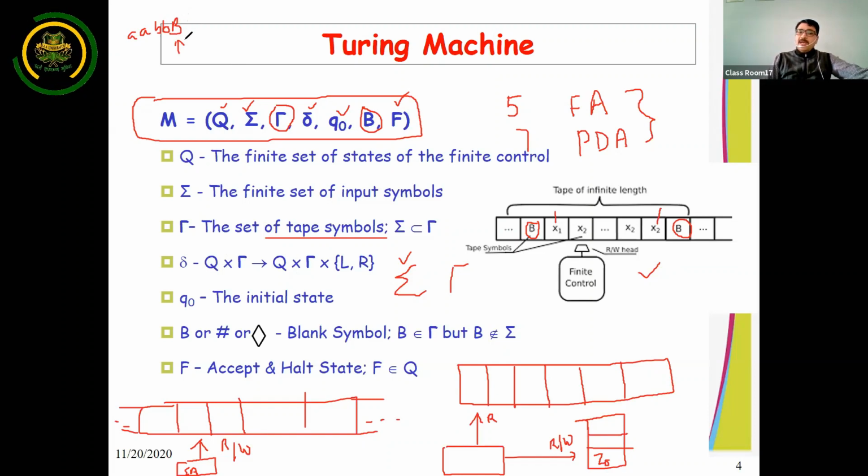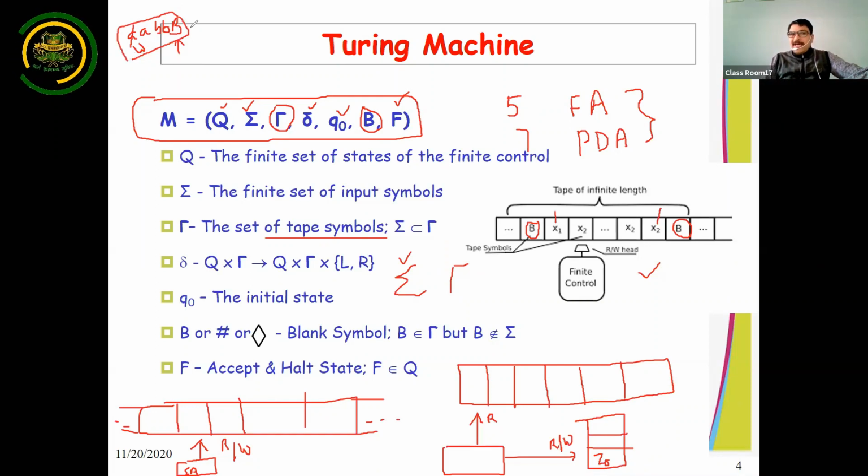Another point: if you read this A, and after reading it you want to write W in this place, then W actually is not part of the input string. You just write W in place of A. So W is a tape symbol, not an input symbol.